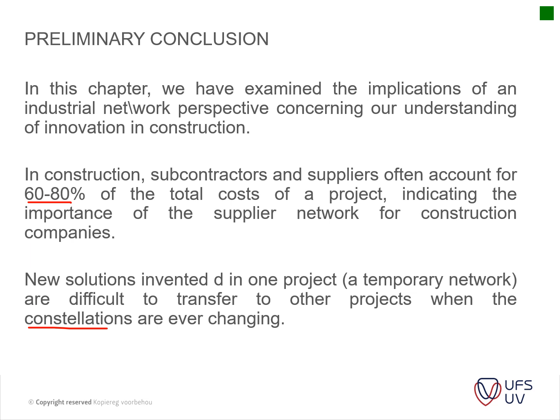The three aspects are the only thing which I didn't identify in the chapter. They talk about three aspects that follow from an industrial network perspective and use them to examine various examples of innovation in construction from an ongoing research program on innovation in the Swedish and Norwegian construction industry. This is now on page 90.